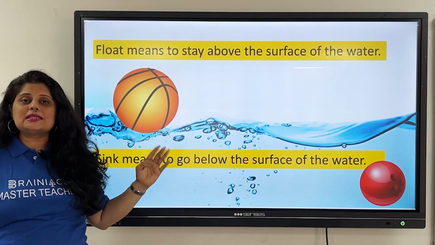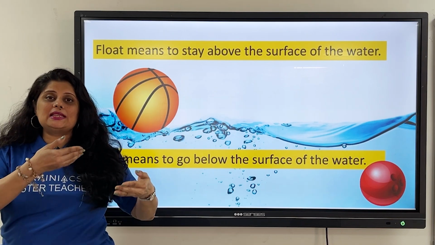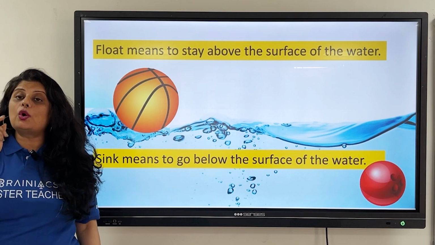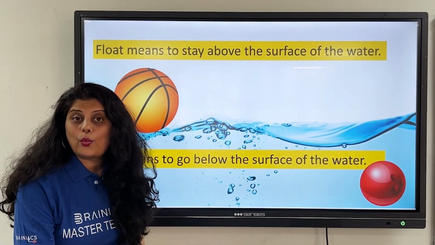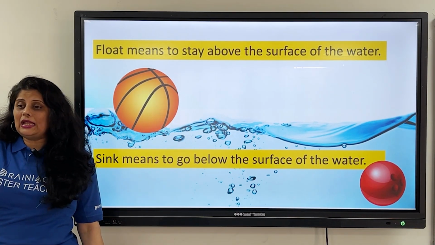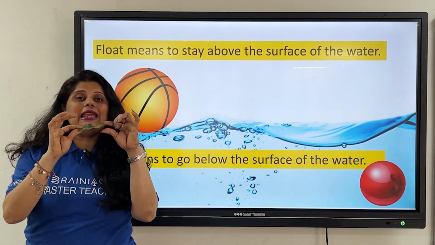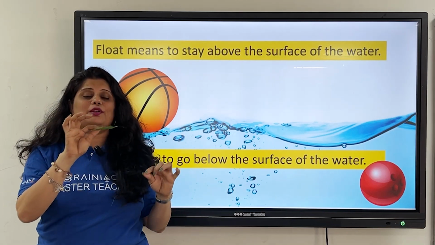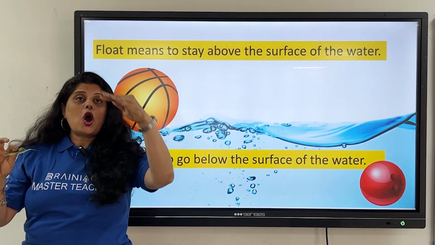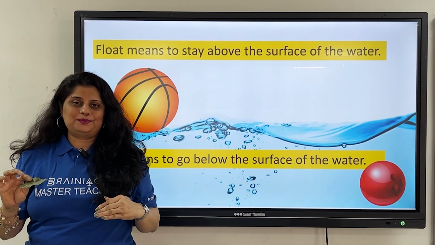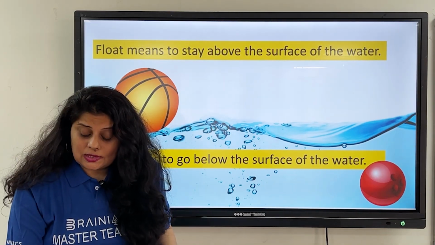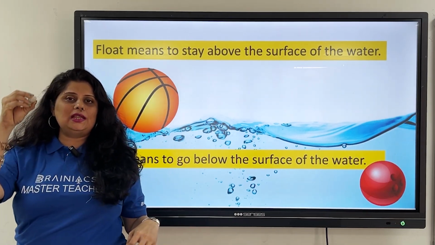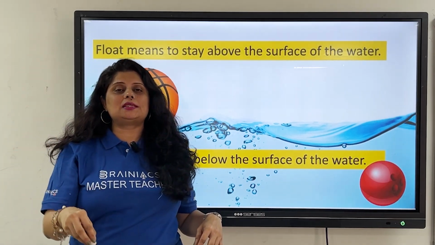Float means something that stays above the surface of the water, right? So when, as I told you, I put the leaf in the pond, my leaf was floating on the surface of the water. It is on the top of the water, right? Whereas when I took the stone and threw it in the pond, it sank.